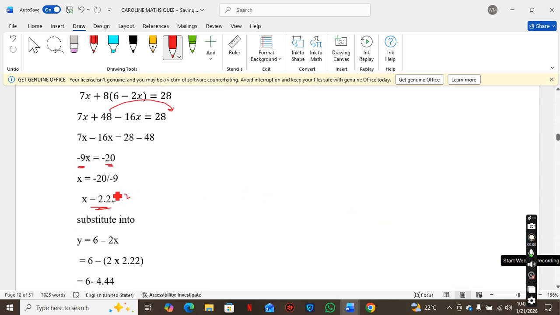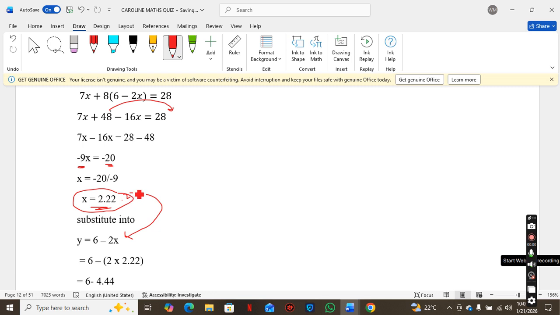Since we found the value of x, and remember, we already formed an equation for y, which is y equals 6 minus 2x, we can substitute x equals 2.22 into this equation. This was equation 1, rearranged in terms of y.